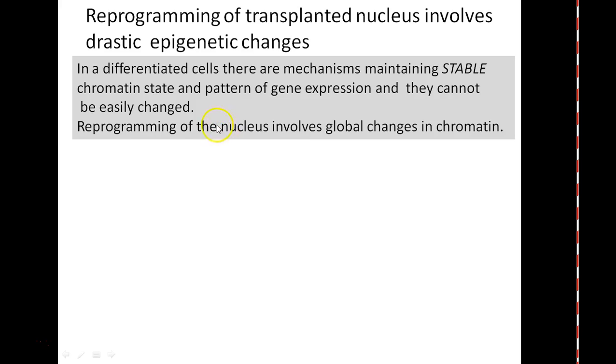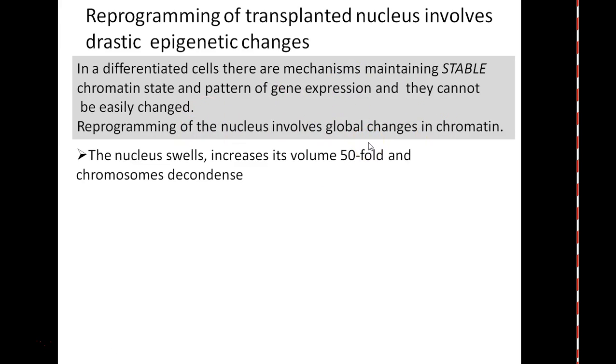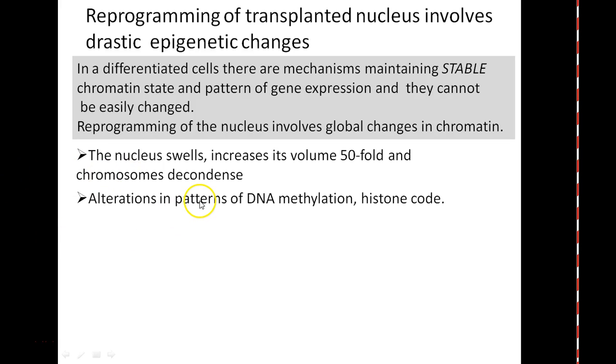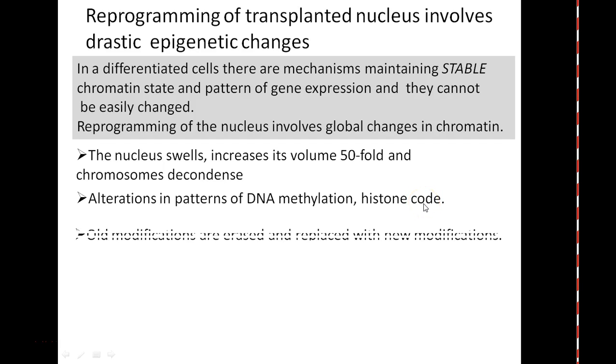And reprogramming involves global changes in the chromatin structure. So during the reprogramming, the nucleus changes in shape and structure. It swells, it increases its volume 50-fold, and chromosomes decondense. And also there are major alterations in patterns of DNA methylation and histone code.